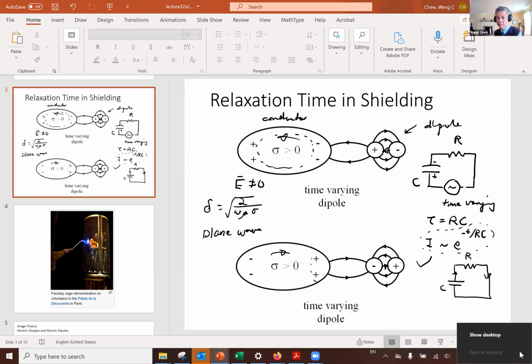Because eventually the charges would disappear due to dissipation, and it goes away within this relaxation time. And also there is a relaxation time associated with a conductor, and that relaxation time is proportional to roughly epsilon over sigma inside the conductor. So it takes about this kind of time scale to relax from one mode to the other one.